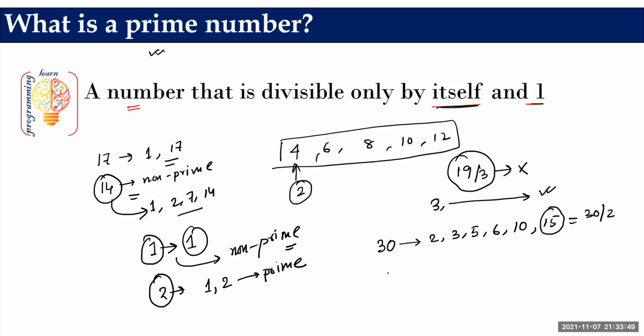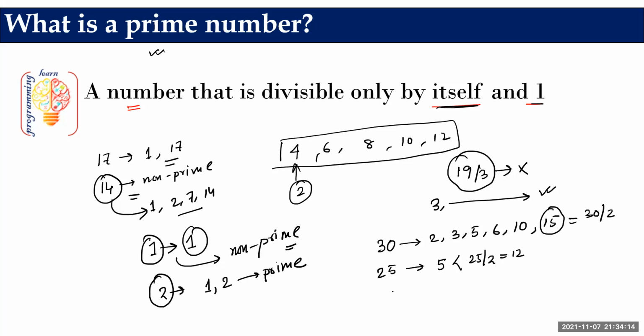Let's take an odd non-prime number, suppose 25. Apart from 1 and the number itself, 5 is the factor, and it is not divisible by any other number. So 5 is less than half of that number.